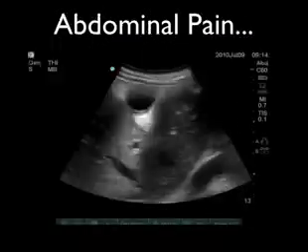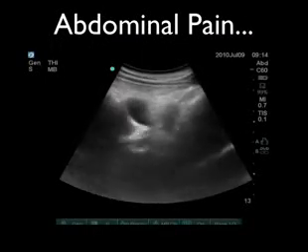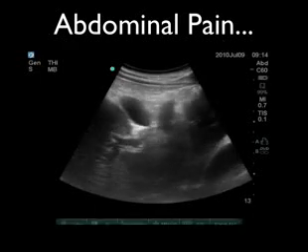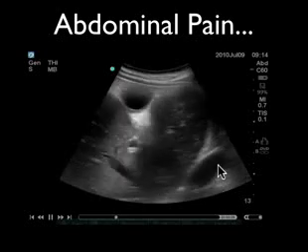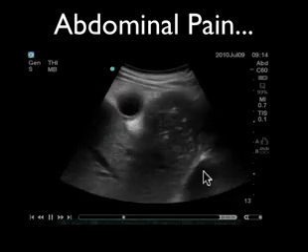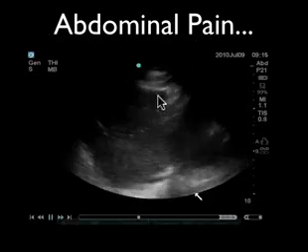Now this next scan is somebody who came in with abdominal pain, right upper quadrant abdominal pain. A fourth-year medical student last summer did this study, went to the bedside, looked at the gallbladder, scanning through the gallbladder, but in the corner of his eye saw this down here on his scan and thought, that's strange, what is that? And focused in on it more, and look at this.